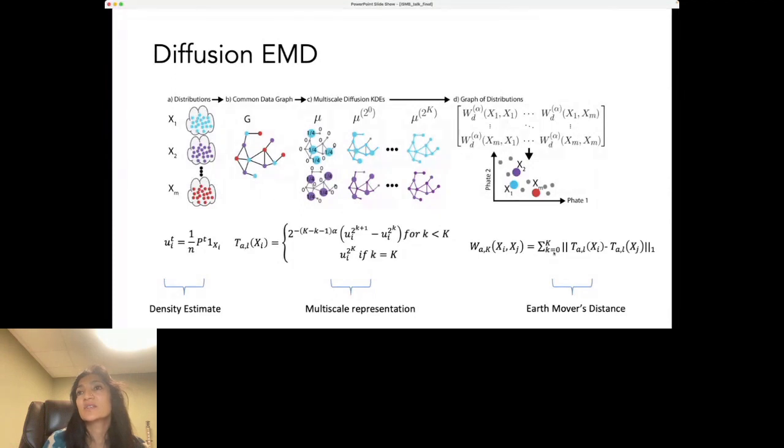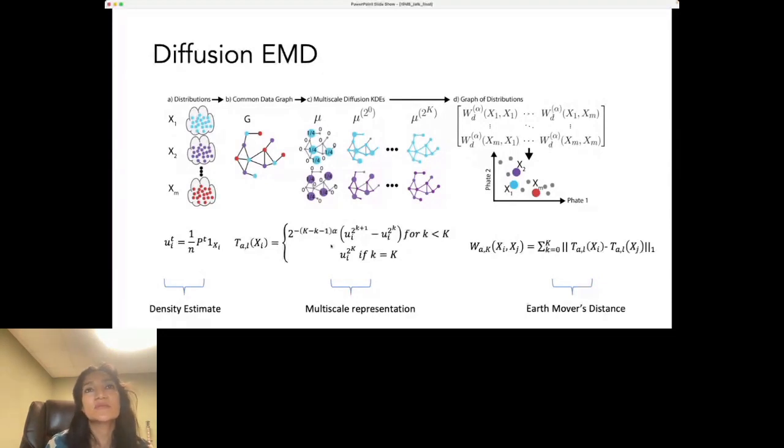And then it turns out you can just take an L1 norm to get an Earth mover's distance here. What you see here is that this is a multi-scale diffusion distance. These indicator vectors are all diffused to different scales, and you take differences between two different scales of diffusion, which is called a diffusion wavelet. So this is a very literal translation of that kind of method.